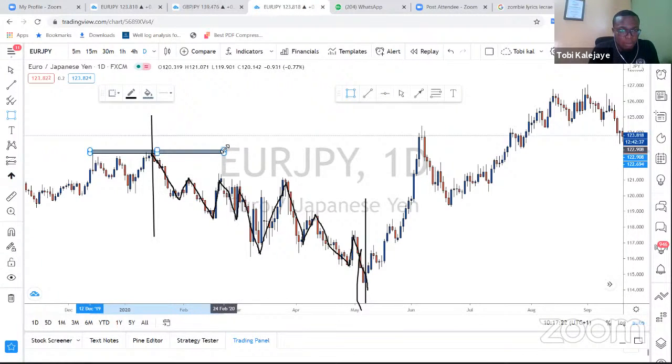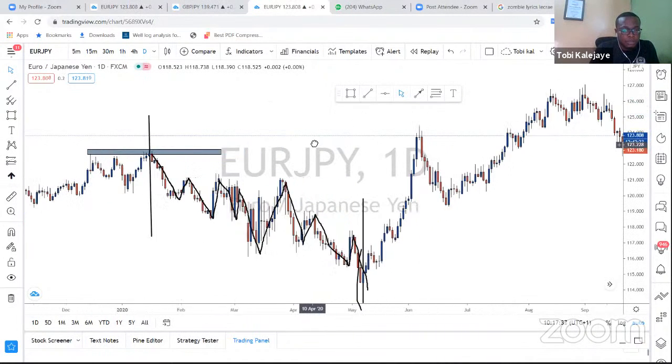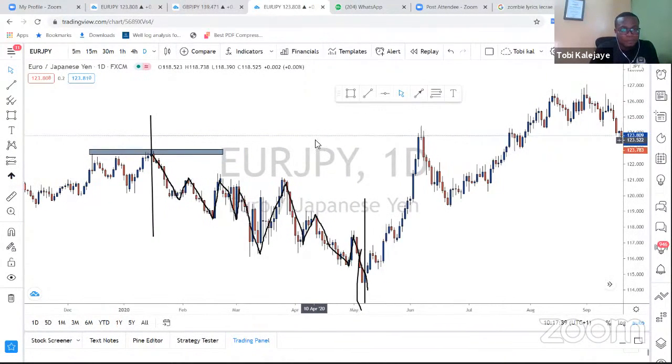So if you had done this kind of markup, I'm just going to show you. When price created this sell candle, you can see how strong it is.